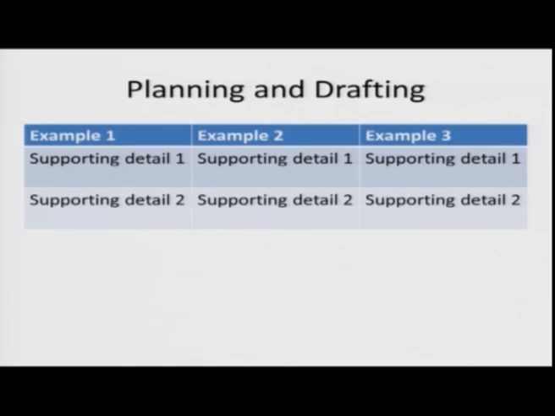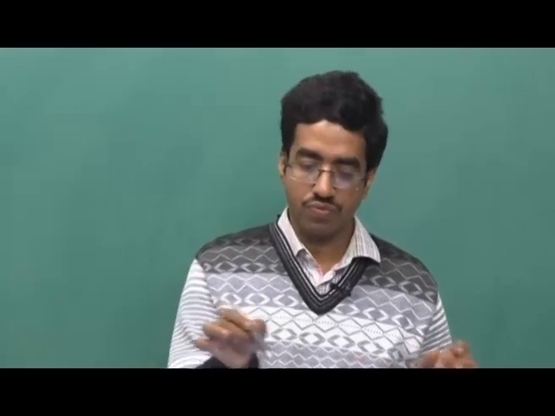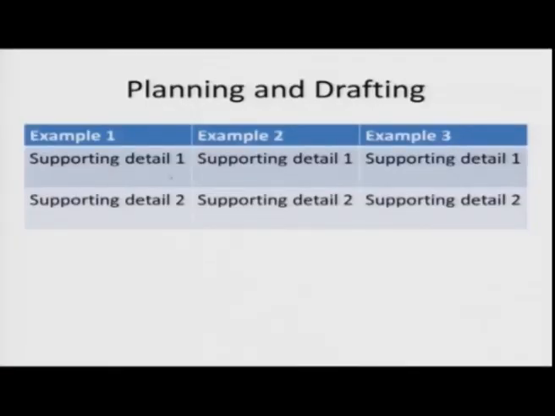When you are planning and drafting, this is the kind of general structure you can use: supporting details 1, 2 and so on, you include under example 1. Similarly, under example 2, under example 3. In the text we saw about taking risk, the writer uses only one example.